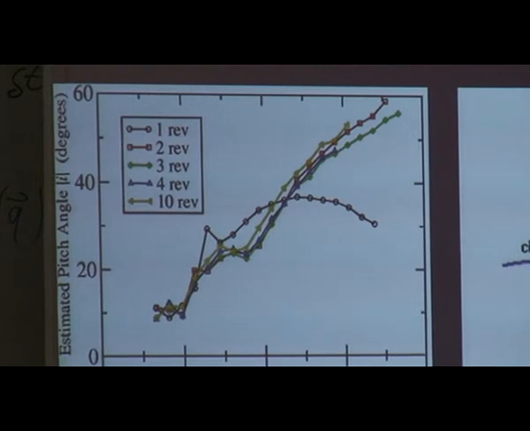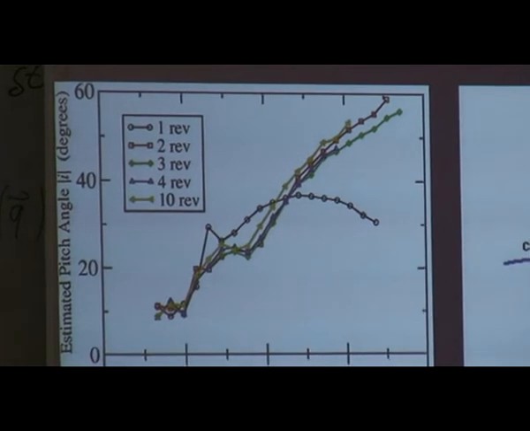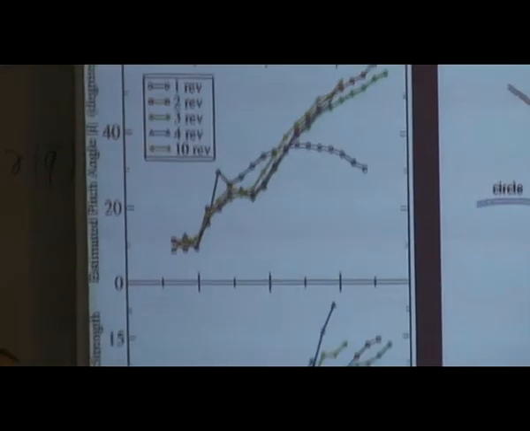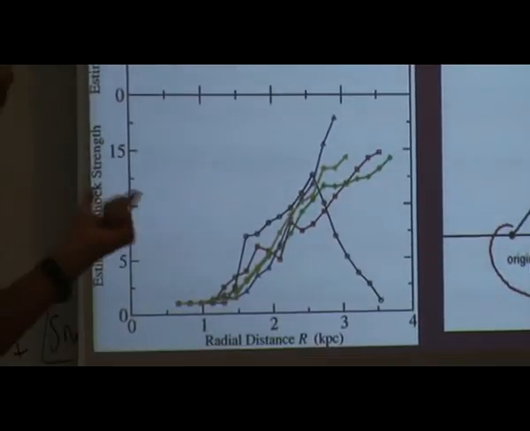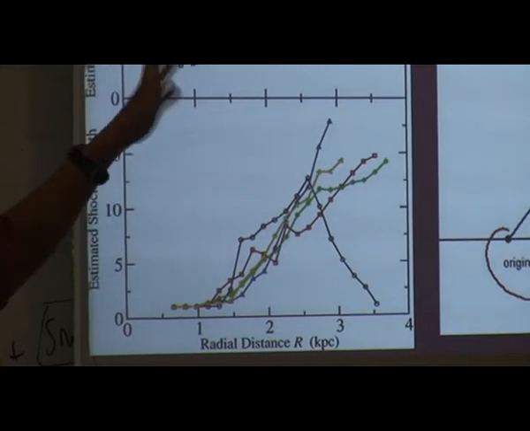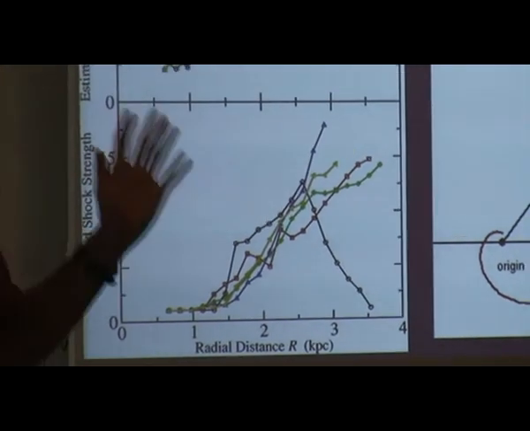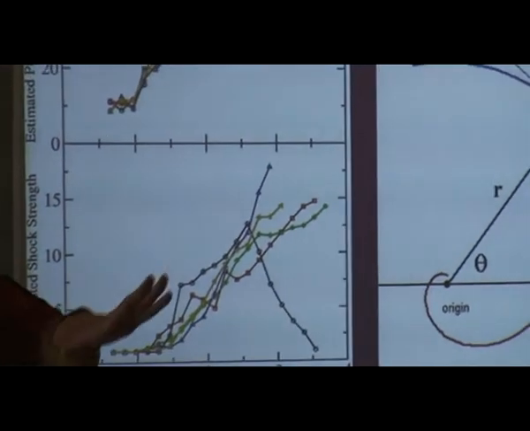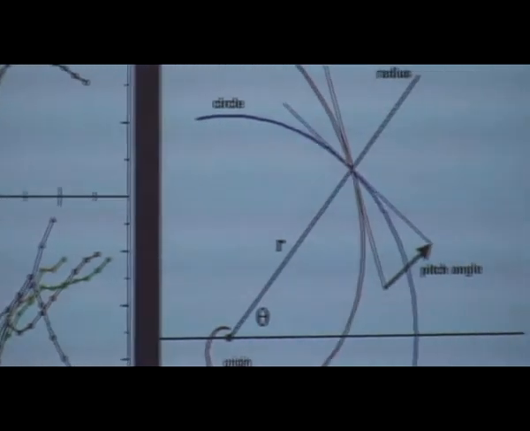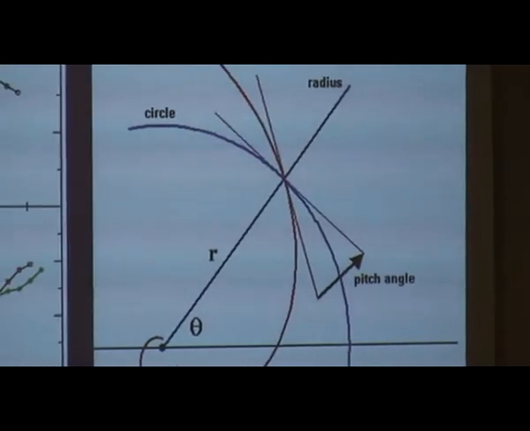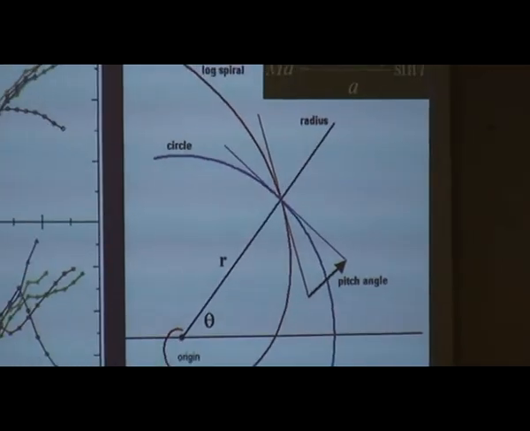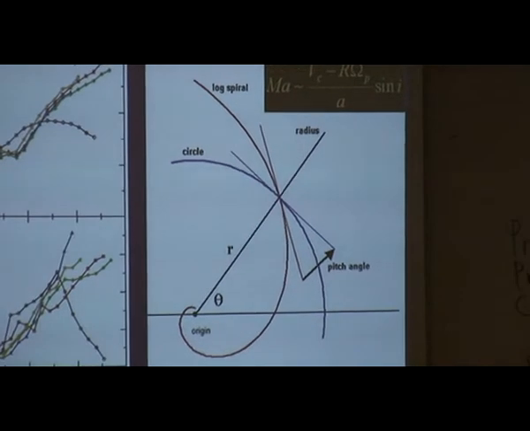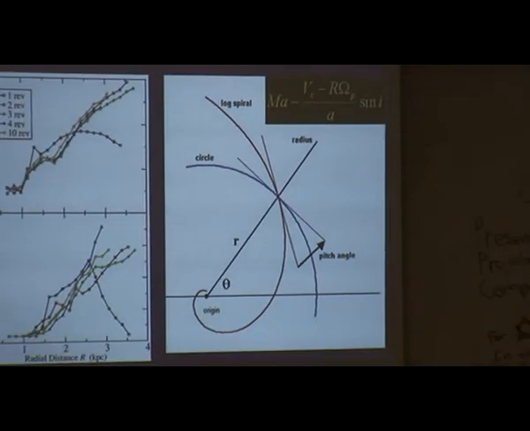You would think you just use the linear dispersion relation to predict the pitch angles, but actually it fails, especially in such a system. But using the improved theory, you can basically recover the pitch angle function in this system, and then the pitch angle decides the shock strength of the spiral arms.